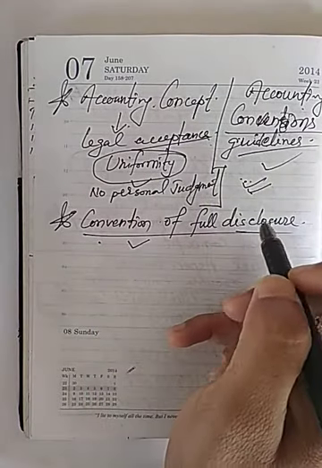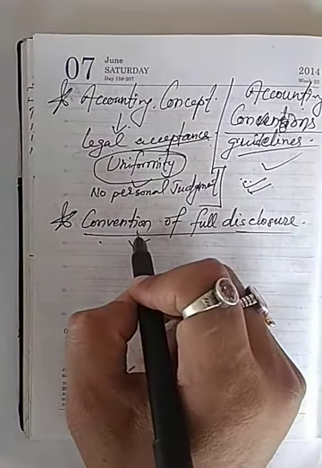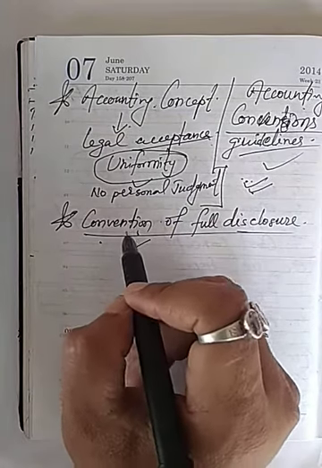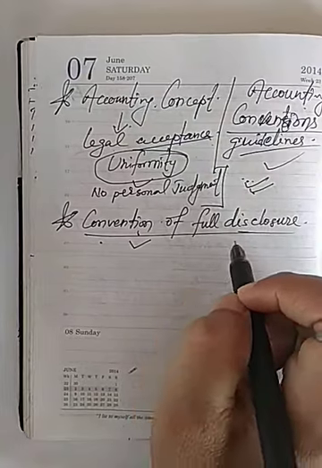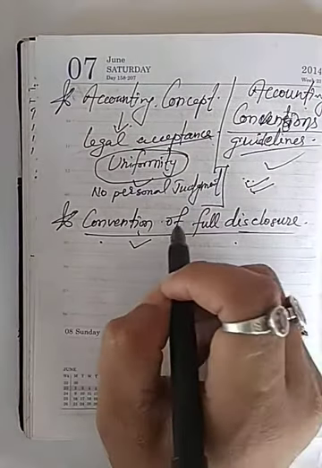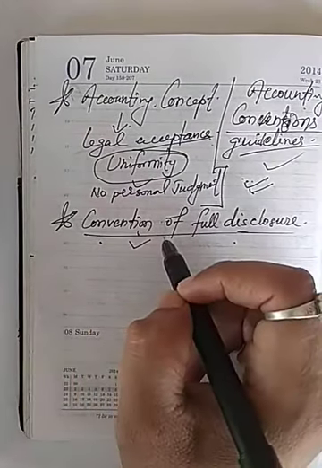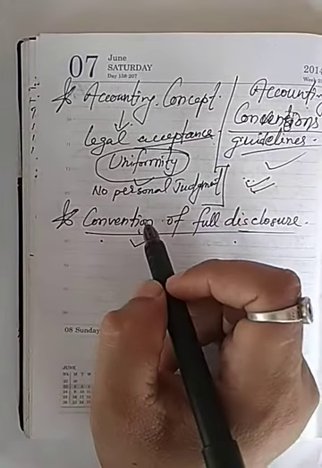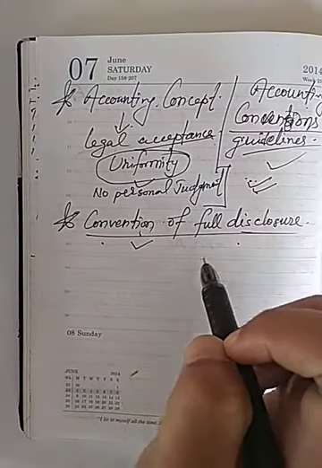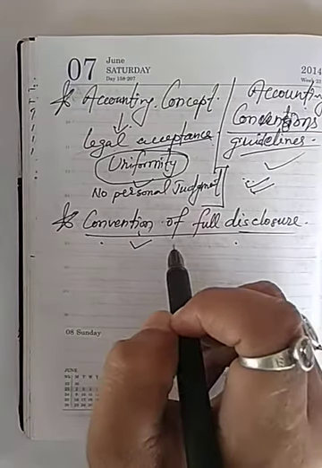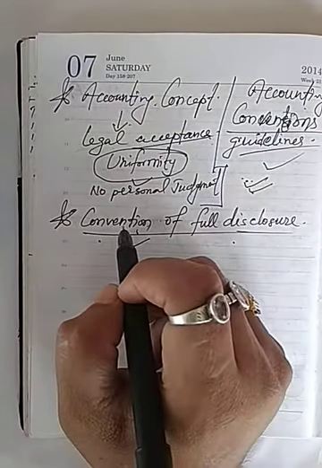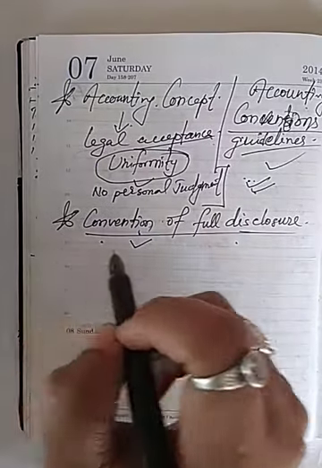The principle is so important that the Companies Act makes ample provisions for the disclosure of essential information in the financial statements of a company. The pro forma and content of balance sheet and profit and loss account of a company are prescribed.